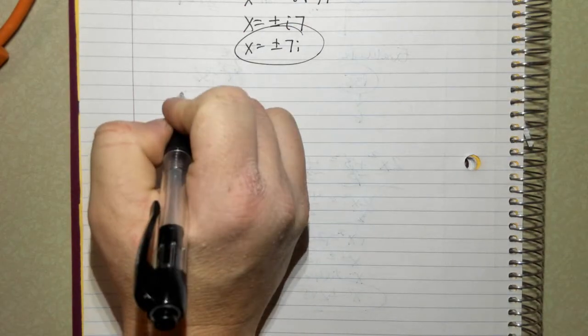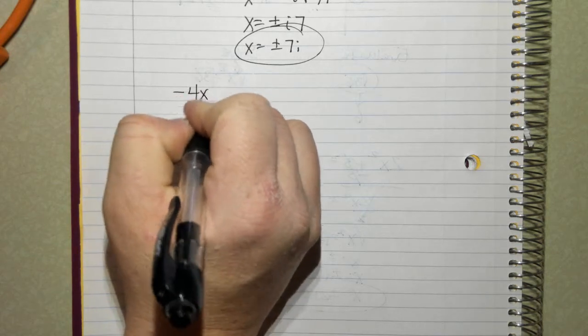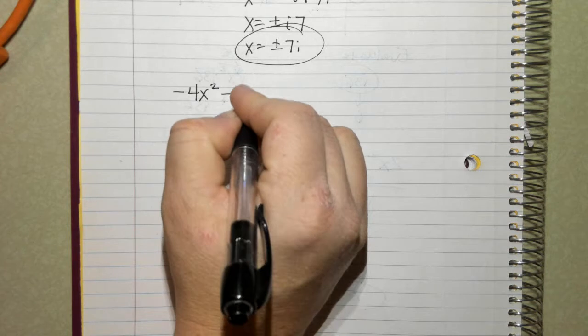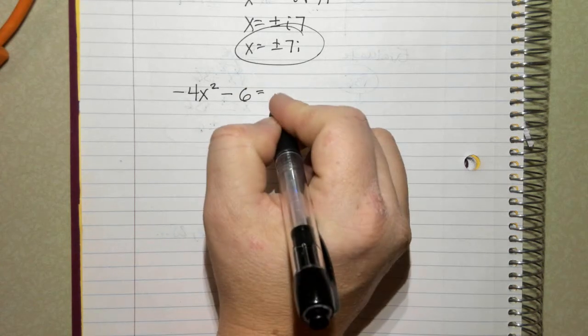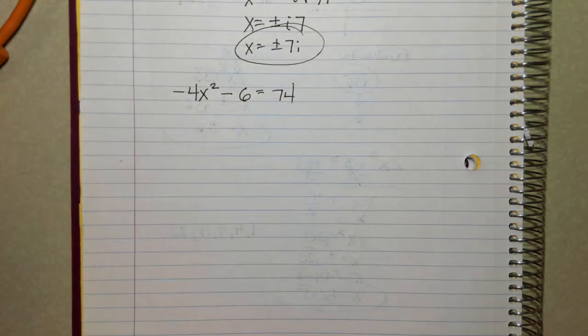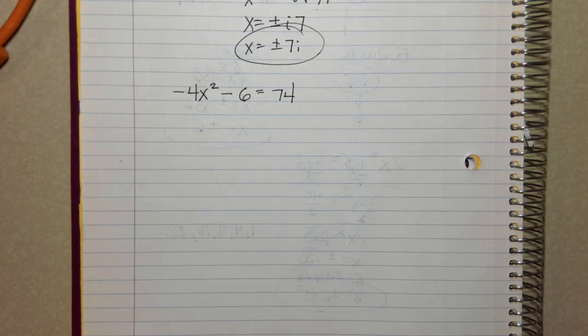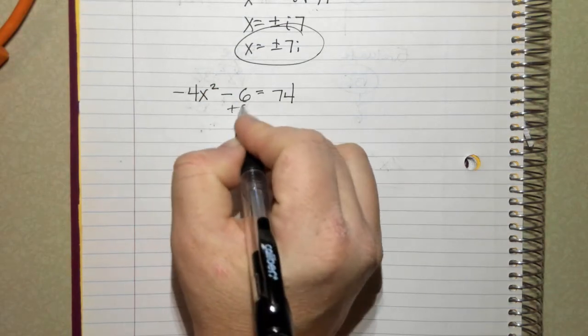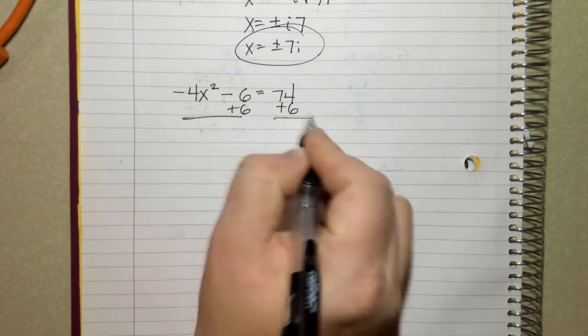Okay, next one. Let's go with negative 4x squared minus 6 equals 74. Okay, so I'm asked to solve. I add 6 to both sides, doing PEMDAS backwards.